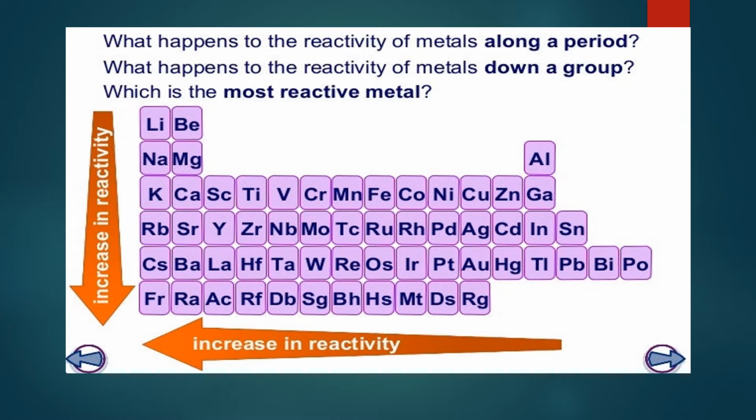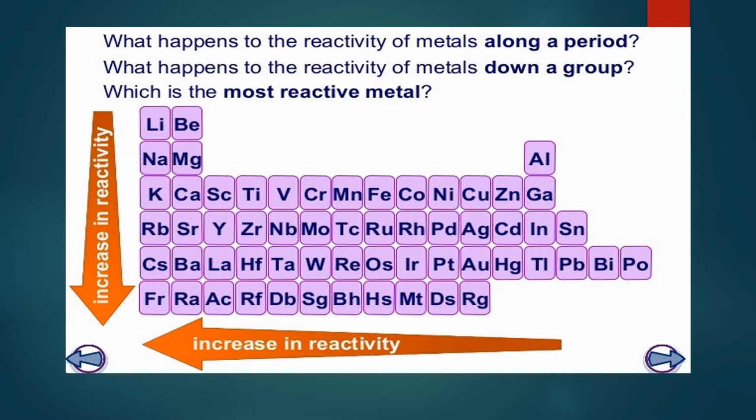So it means that the elements on the far left side, you have potassium, sodium, lithium, rubidium, cesium, magnesium, calcium.